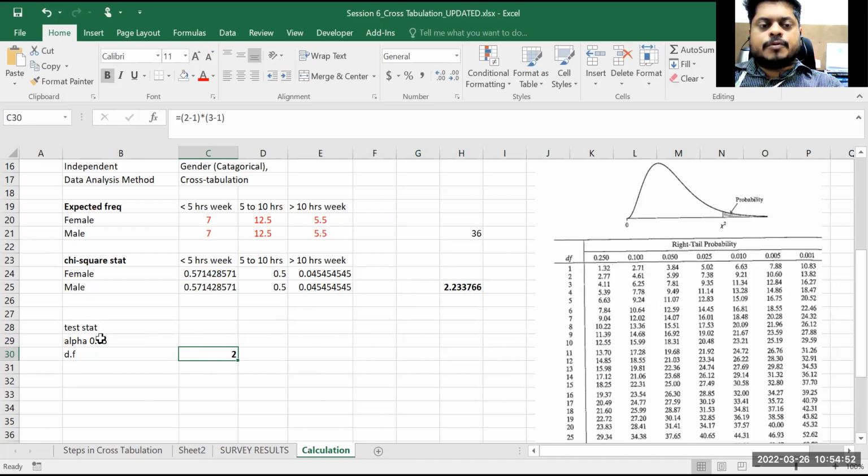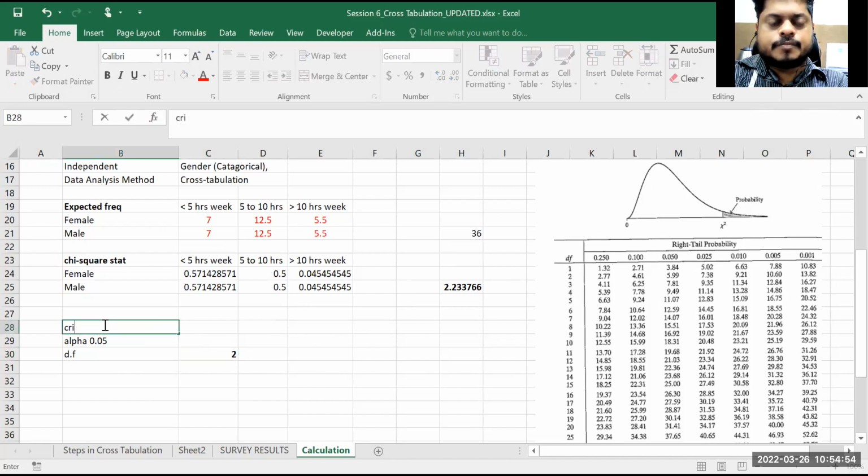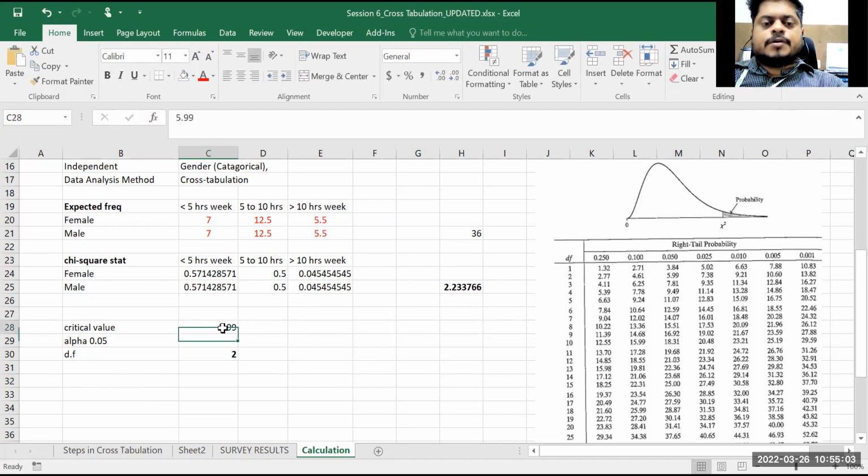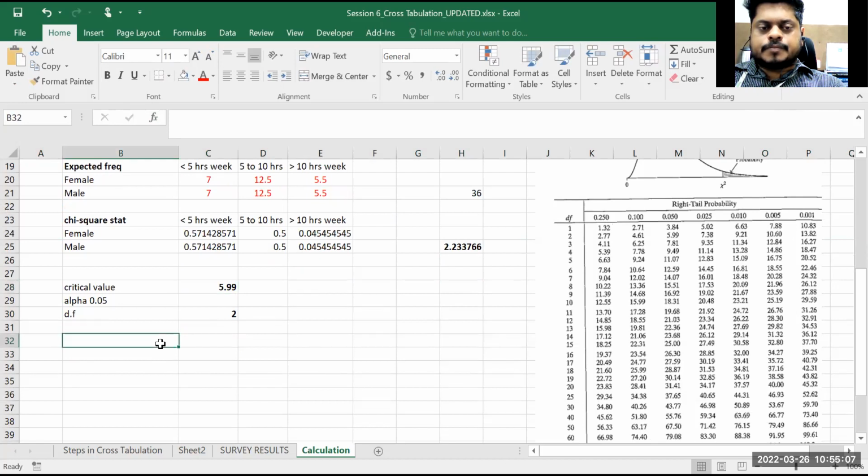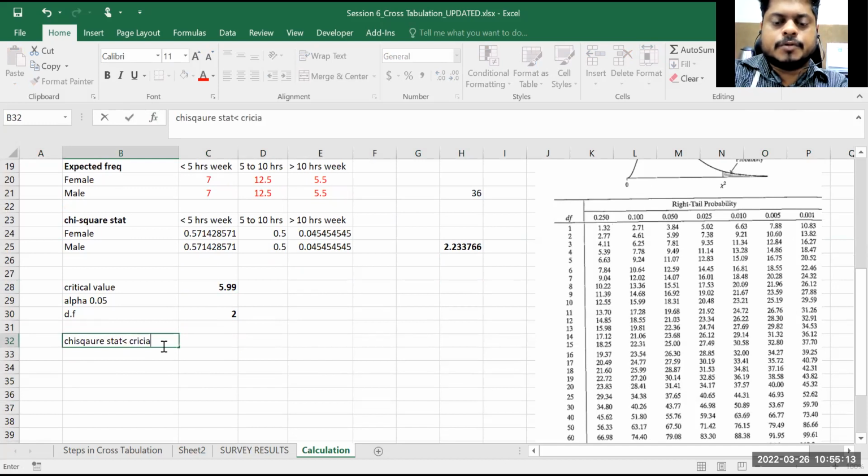My alpha is 0.05. So I'll go here to 0.05 with 2 degrees of freedom. My critical value will become 5.99. So what will happen here? My chi-square statistics is less than the critical value.